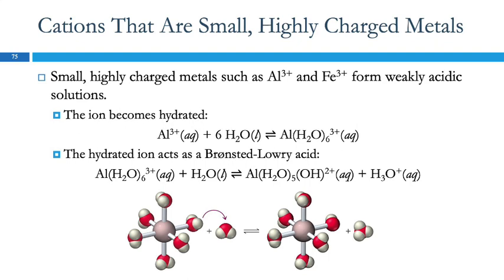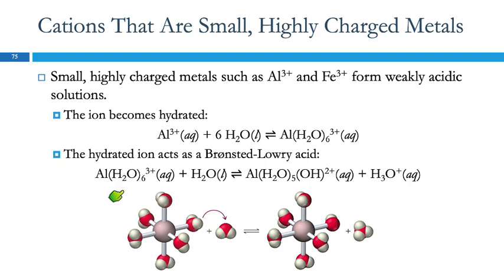They're fairly close to the top of the periodic table, so they're smaller, and they have a large charge, +3. So what happens to these guys is that the ion becomes hydrated. The ion will associate with 6 water molecules and form this complex ion. We'll learn more about how that happens later.